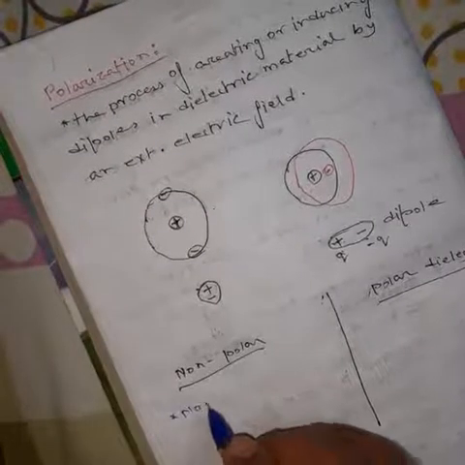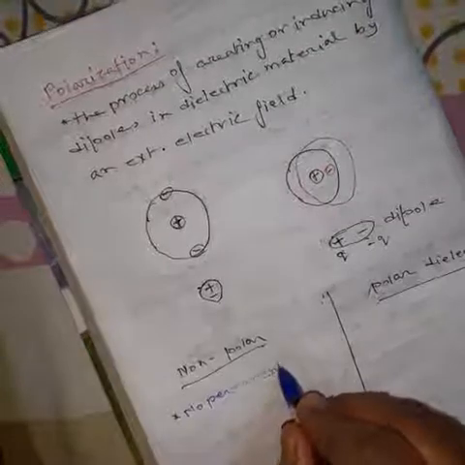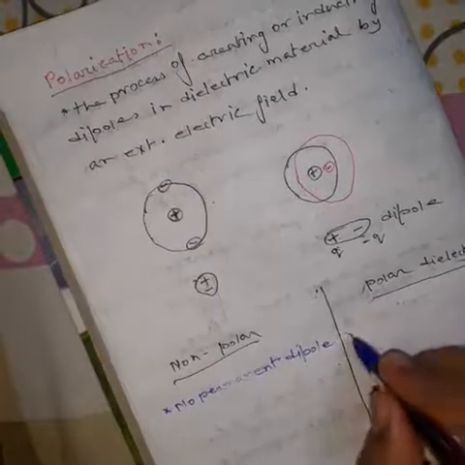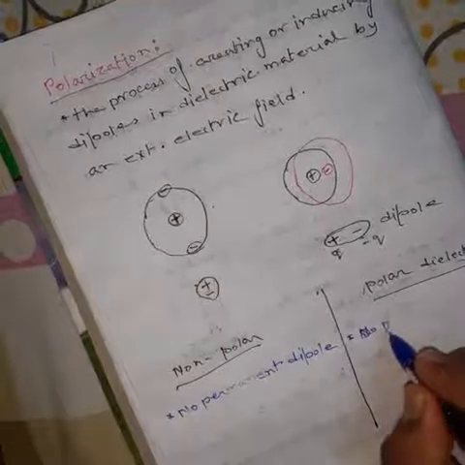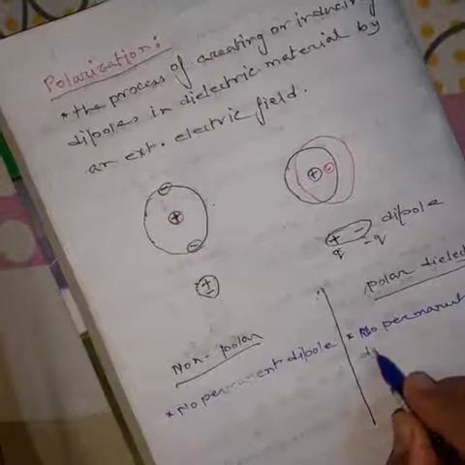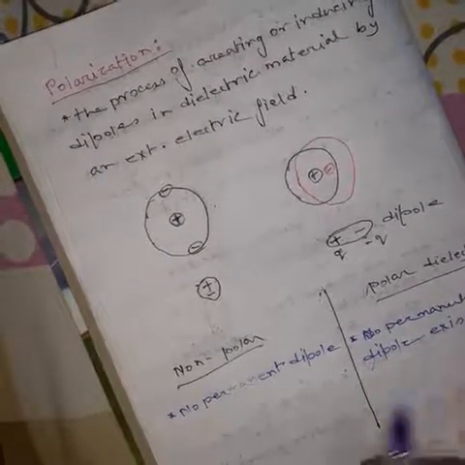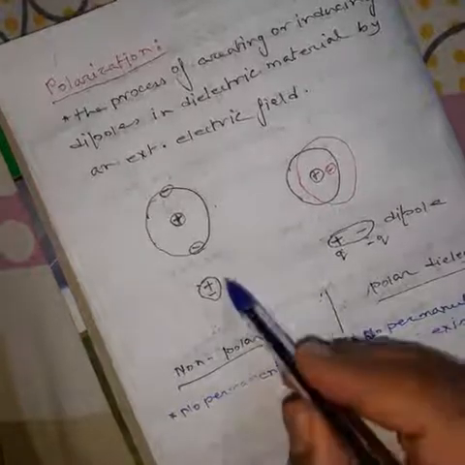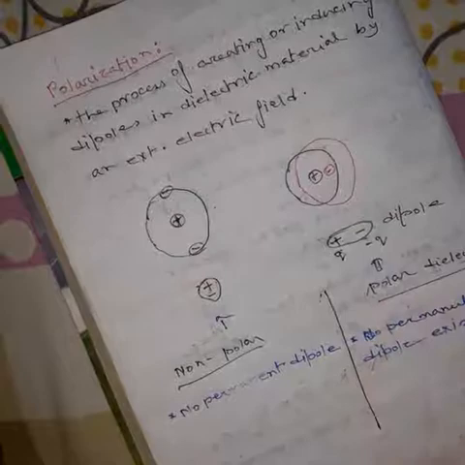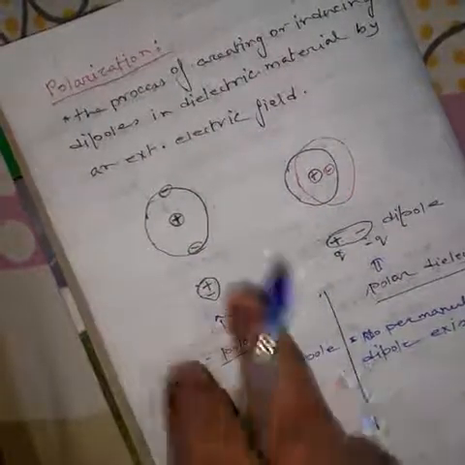So there is no permanent dipole, and here obviously there is a permanent dipole. Basically this is my non-polar dielectric and this is my polar dielectric. I have not used any external electric field still, but they already have a dipole.